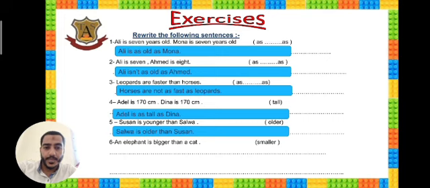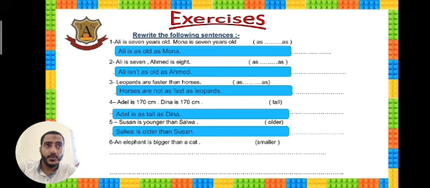Nice, very good, because big is one syllable, and it has consonant, then vowel, then consonant, so we have to double the last consonant, which is G. B-I-double-G-E-R, bigger.